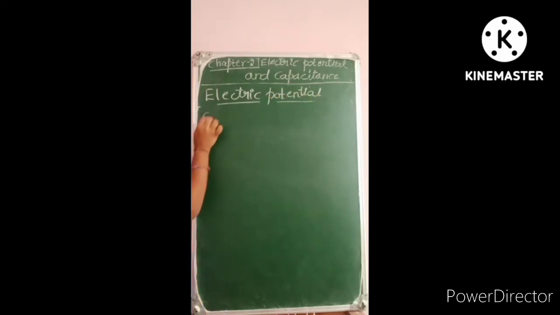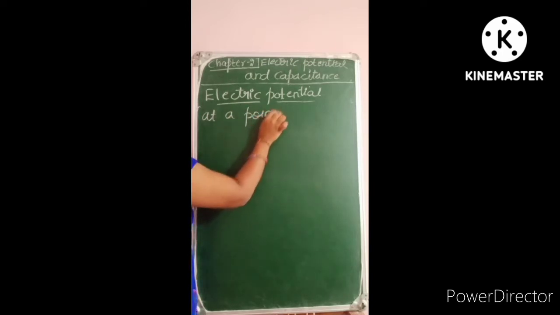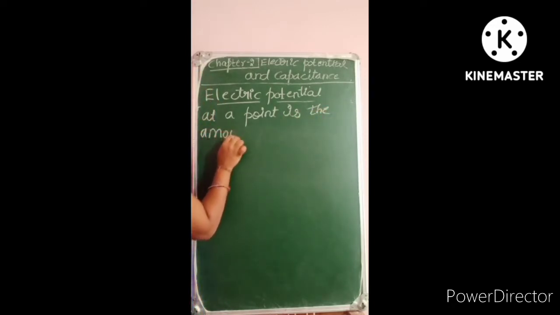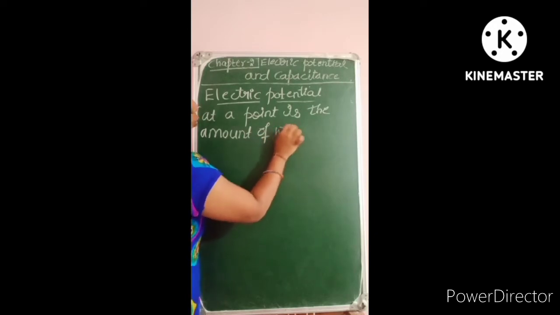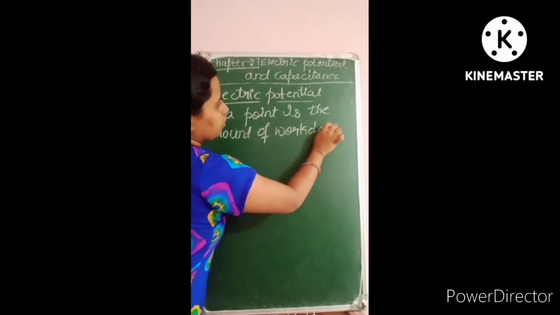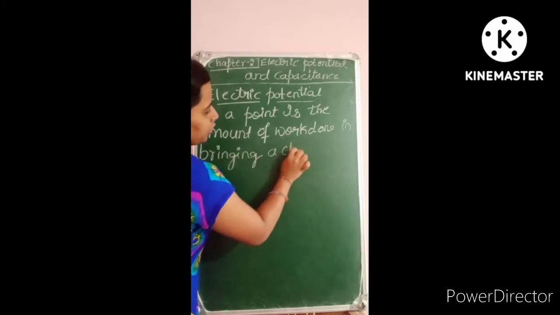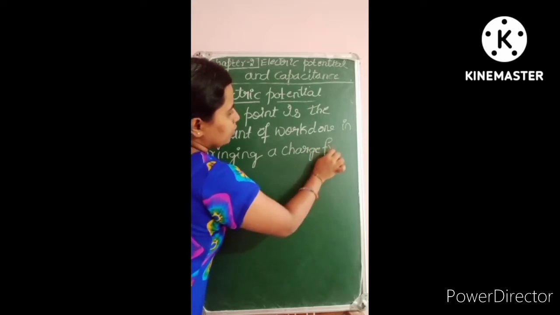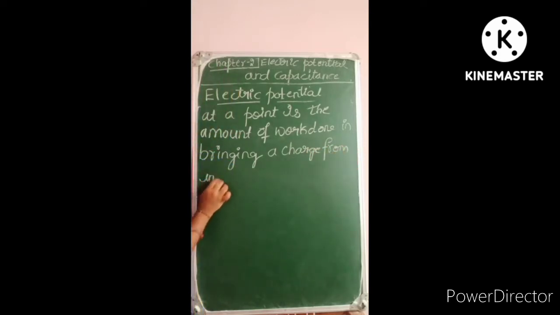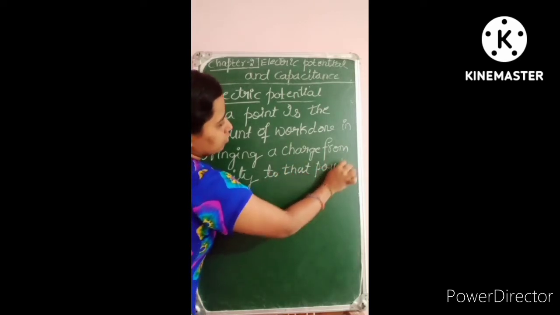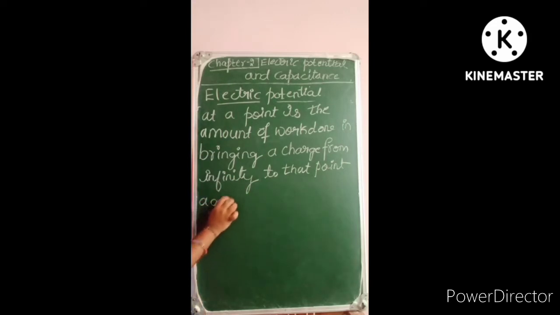So electric potential at a point is the amount of work done in bringing a charge from infinity to that point against the electric field.